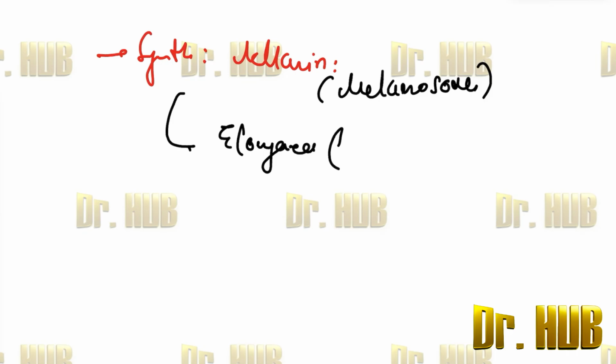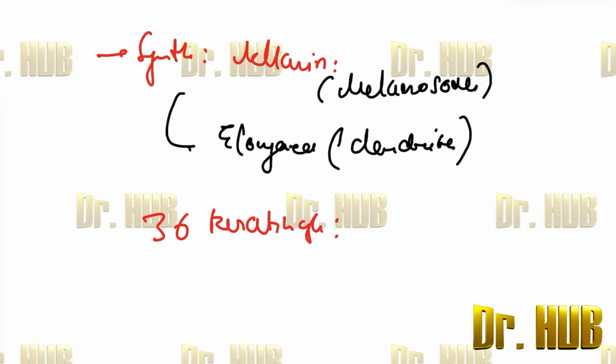They synthesize melanin, in granules known as melanosomes. These are transferred into the keratinocytes of the epidermis through elongated processes known as dendrites. Each melanocyte transfers melanosomes to about 36 keratinocytes, and this is known as the EMU, the epidermal melanin unit.